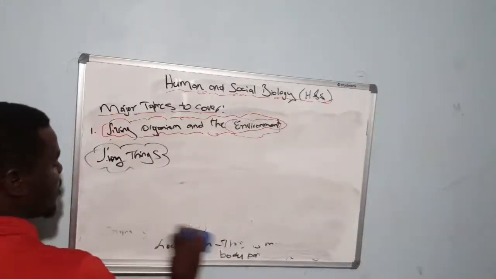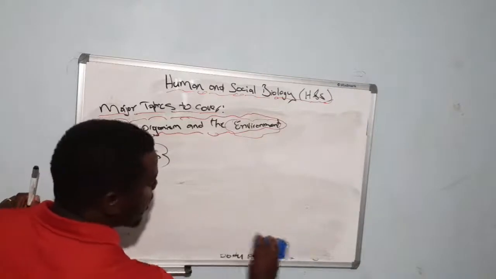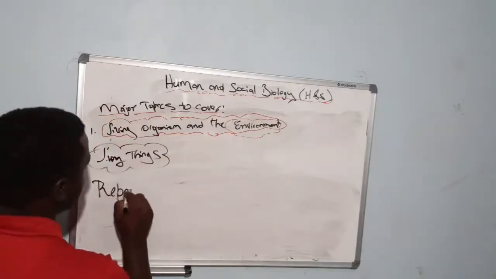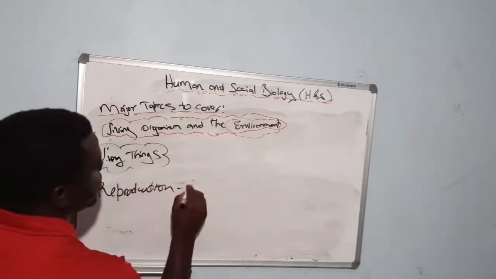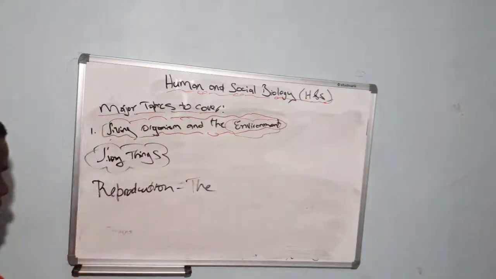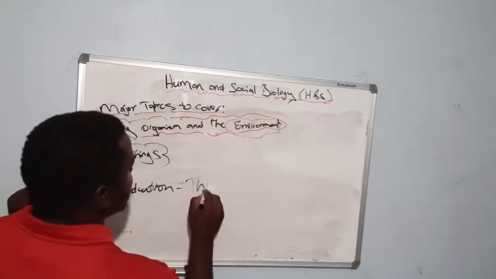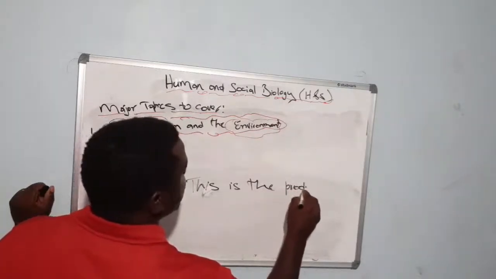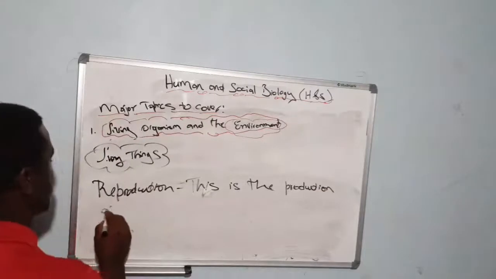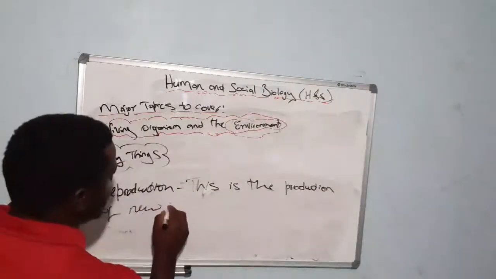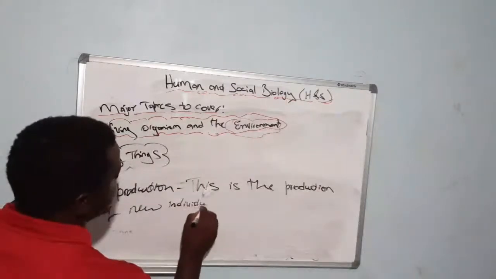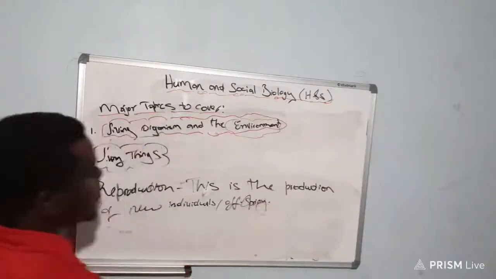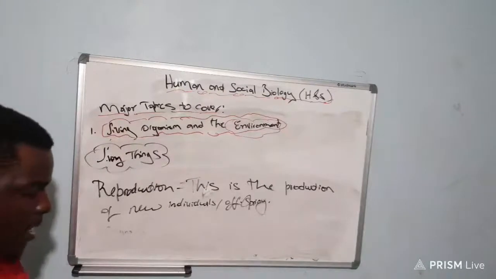And reproduction is the production of new offspring or new organism or new individual. So that's reproduction. Alright?